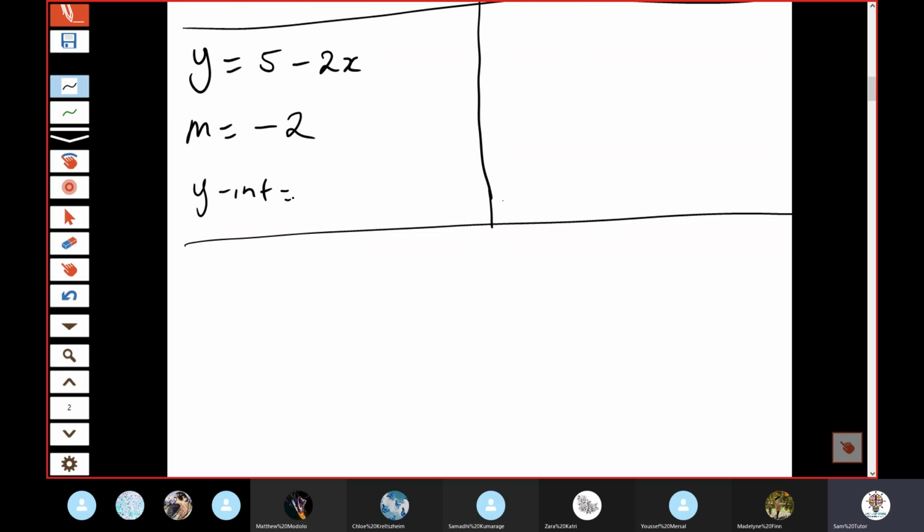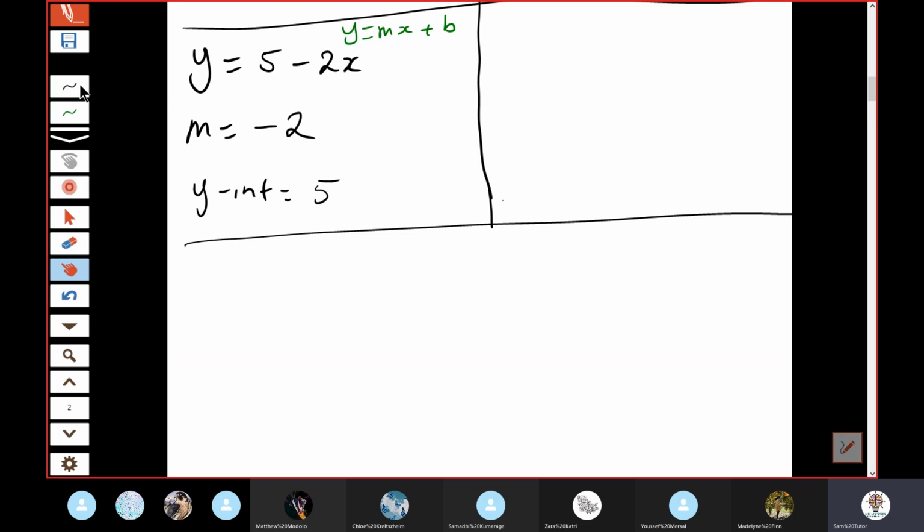Yep. And then what's my y-intercept now? 5. Yeah, that is actually 5. The number that's by itself. So again, let's have a look. Y equals mx plus b. M is -2. The b is the number by itself without the x. So that's 5.